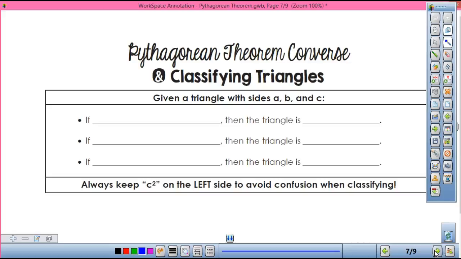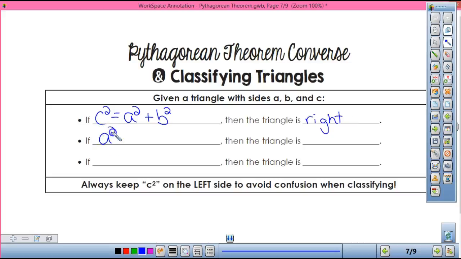All right. If c squared equals a squared plus b squared, what kind of triangle do I have? We have a right triangle. That's the converse of the Pythagorean theorem. Okay? I can then go from there. I can classify my other triangles as obtuse or acute.